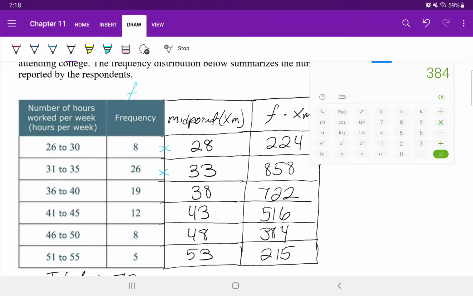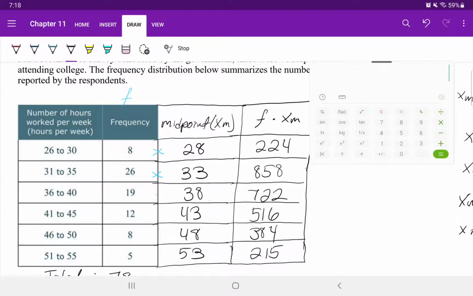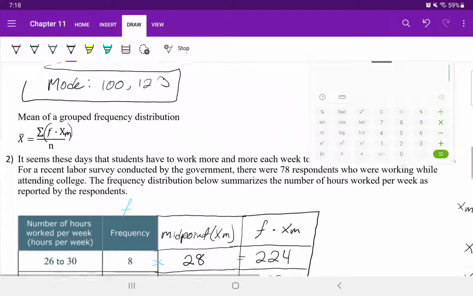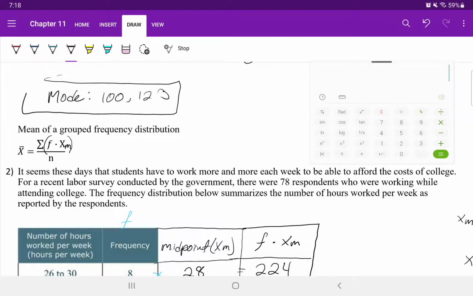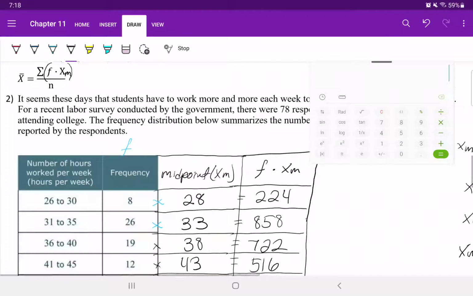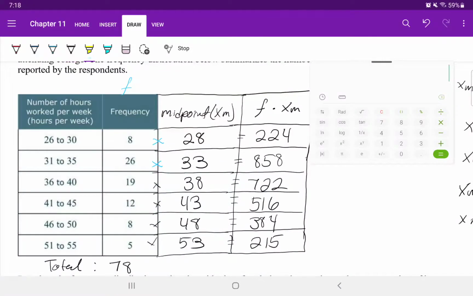All right. Now what we're going to do is we found each frequency times midpoint by multiplying. The next part says you want to find the sum of those frequency times those midpoints, which means we are going to add up all of these values. Let's add them.